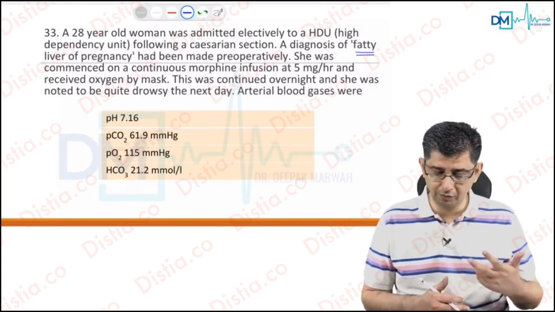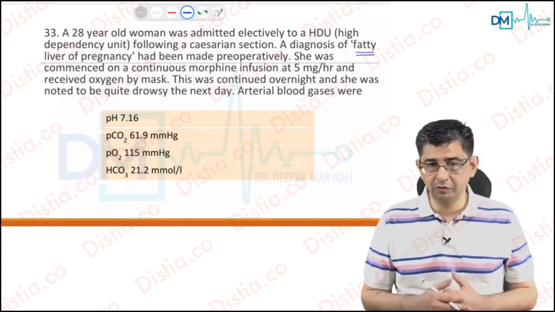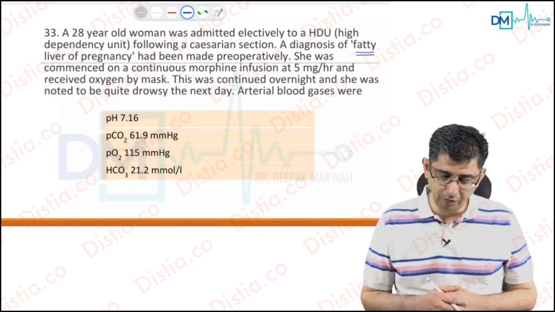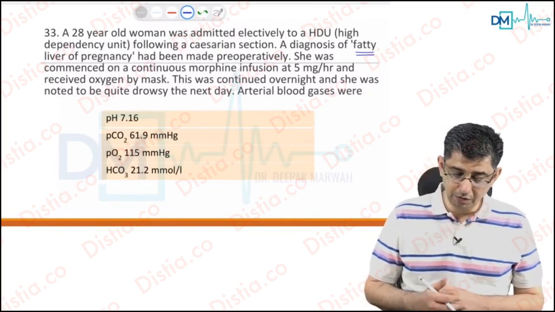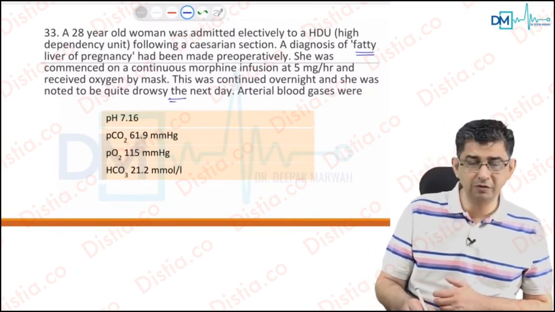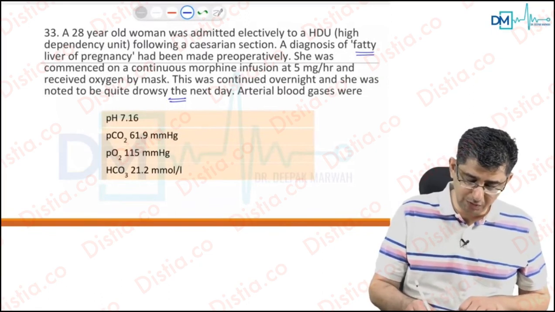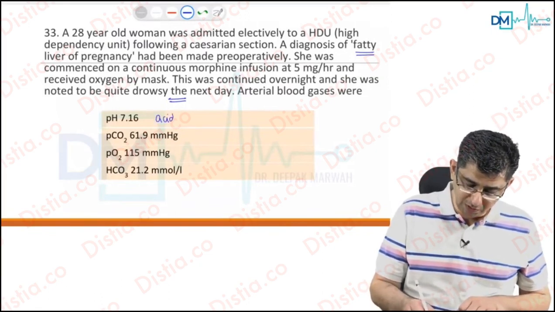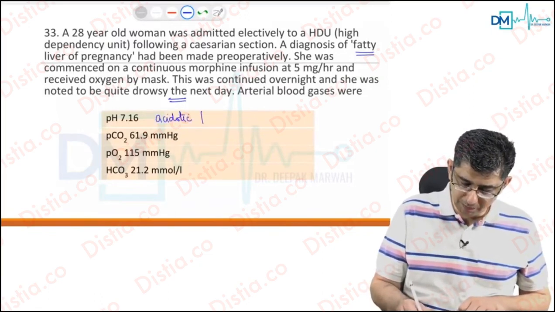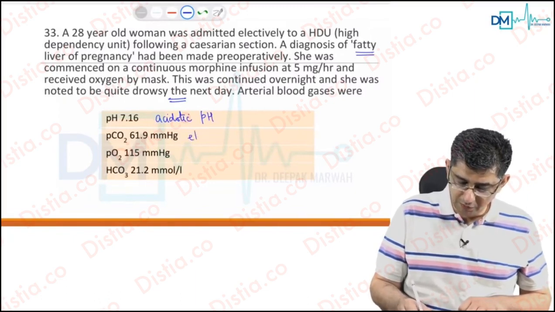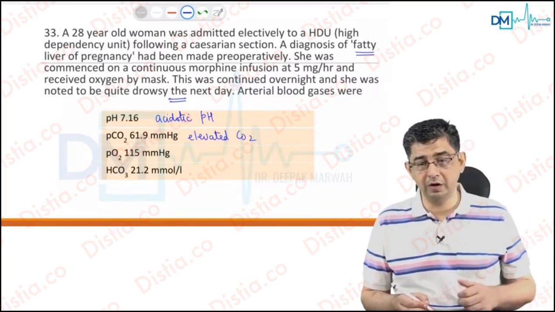Since she is post-operative, you can give a morphine infusion for post-operative pain and even for right upper quadrant discomfort. And she's very drowsy the next day, so the question itself is telling you there's a respiratory acidosis developing in the patient. This patient has an acidotic pH. There is an elevated CO2 in the patient. That explains that this could be due to a respiratory etiology.